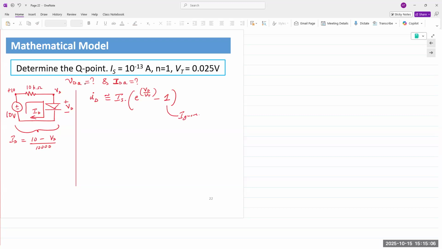If I transform this equation, I can write VD is equal to VT times Ln ID over IS.